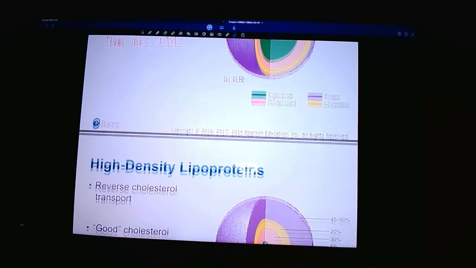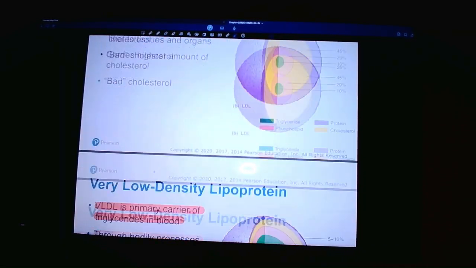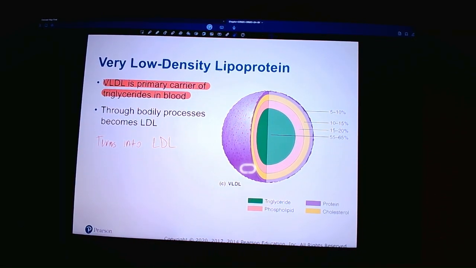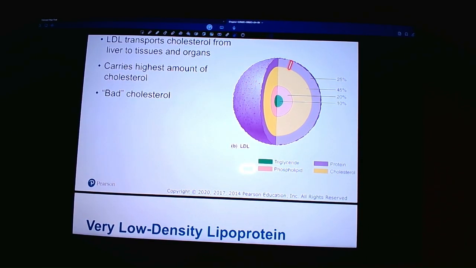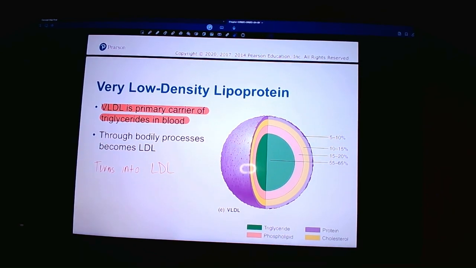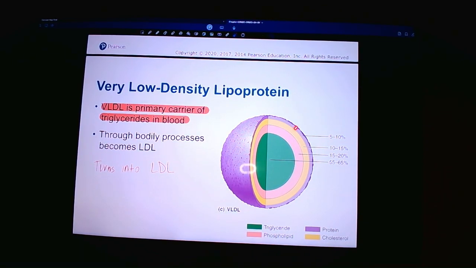HDL actually does the opposite, but first we're going to talk a little bit about very low density lipoprotein. We talked about how very little protein there is on a low density lipoprotein. Well, there's even less protein in a very low density lipoprotein. Again, it's all based on how much protein is there. Look at that, there's so much lipid but very little protein.